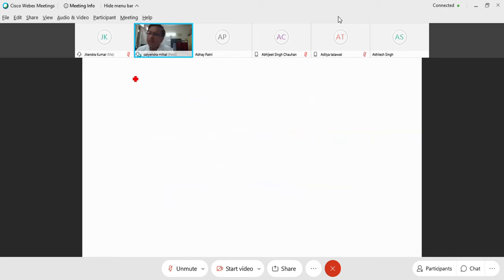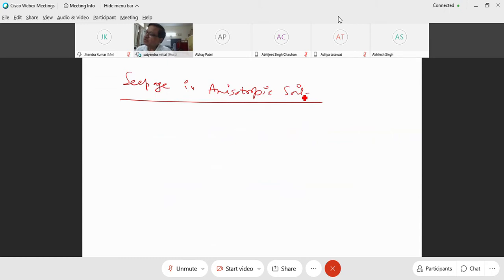Now I will discuss the seepage in anisotropic soil. Friends, let us say this is a dam. Now it can be a dam, or it can be any retaining wall also.